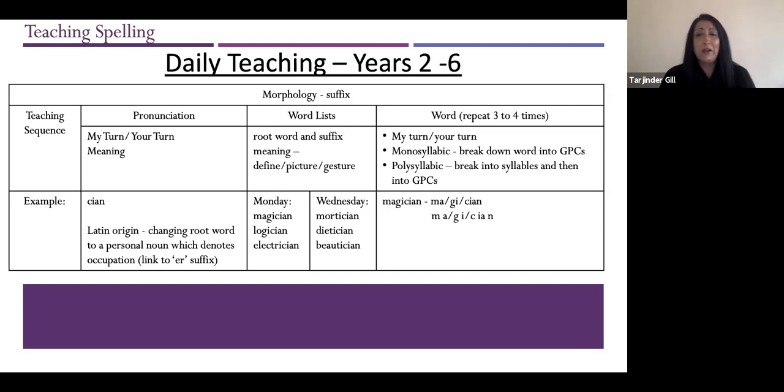Is that happening often enough? And in other cases, say a word like mortician, you'd really have to look at the etymology behind that word in a bit more depth, because it's not going to make sense to the children, because it's not straightforward: here's a root word, here's a suffix, stick it together. And again, I would break it down in the exact same way. So you can see there is a lot of repetition in terms of how it is taught, even if the structure of the lesson is slightly different.